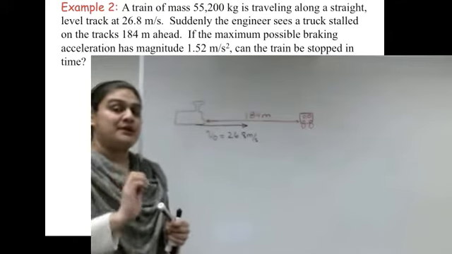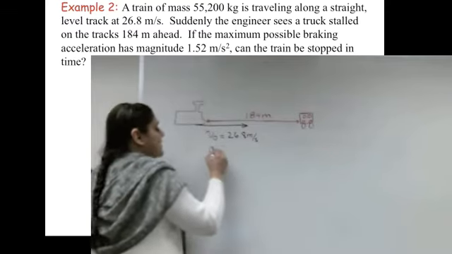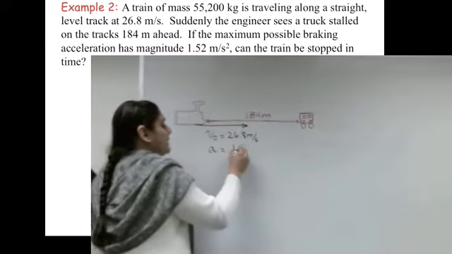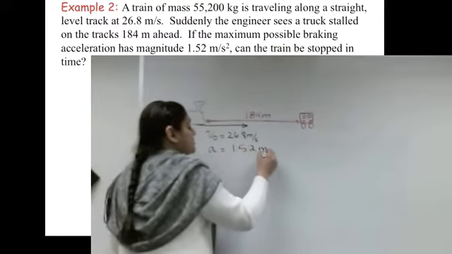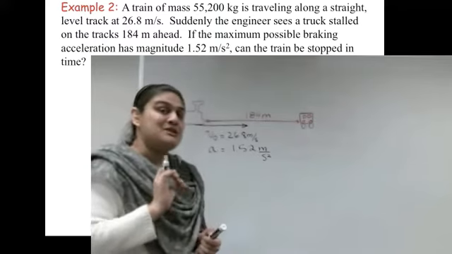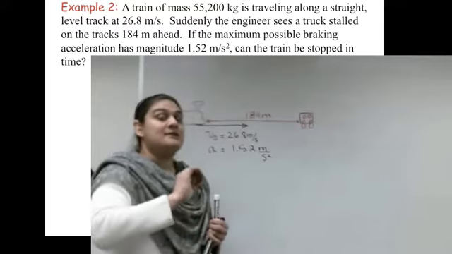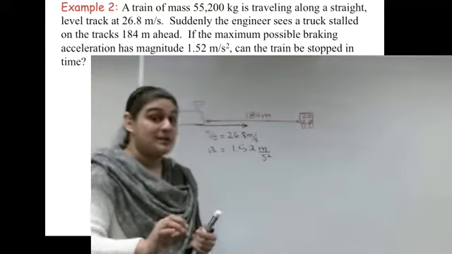Now, he's trying to apply the brakes. The maximum braking acceleration has a magnitude, so a has a magnitude of 1.52 meters per second squared. Now, the question is, can this train be stopped in time? So what we are looking for is the final velocity to be zero.